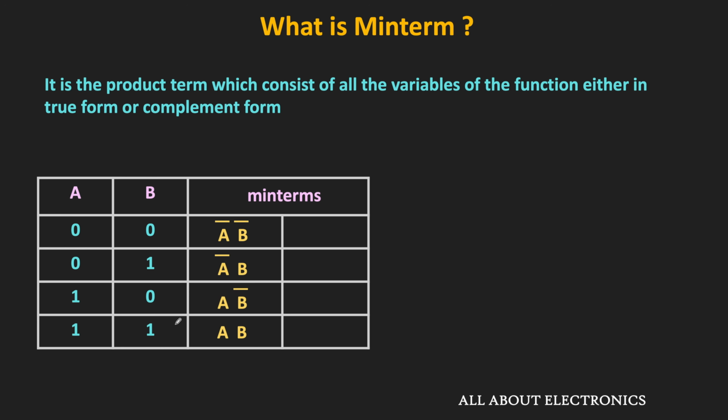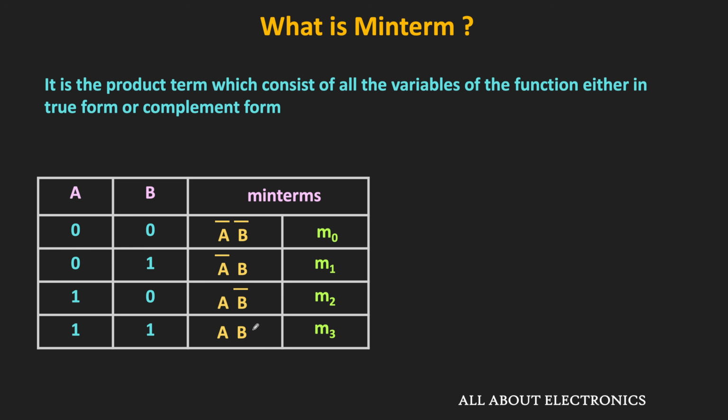Now for convenience, these minterms are also represented by the lowercase letter m followed by the number, which is the decimal equivalent of the input combination. That means this 00 corresponds to m0, while this 01 corresponds to m1. Likewise, this 10 corresponds to m2, and this 11 corresponds to m3.